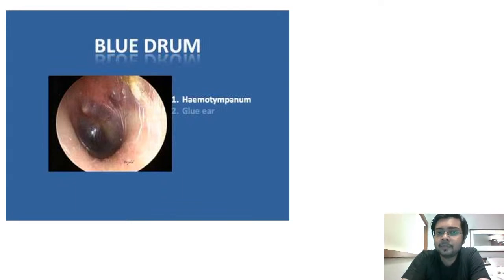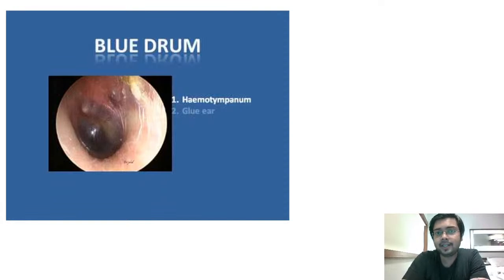Blue tympanic membrane: one condition you already know, that is hemotympanum. Tell me the other conditions where you can get a blue drum. Another condition can be a glue ear, or otitis media with effusion.